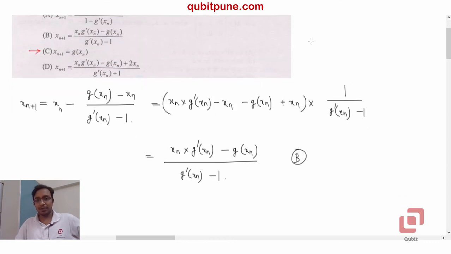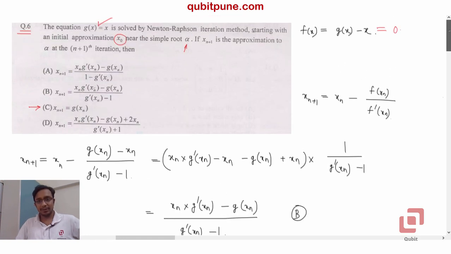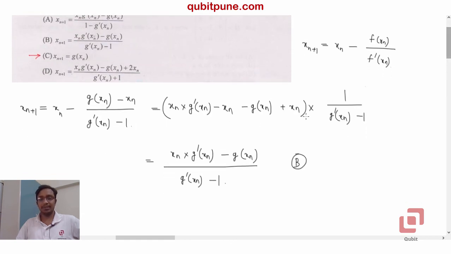What is the formula? The formula is xn plus 1 is equal to xn minus f of xn divided by f dash of xn. I hope all of you remember this formula, and this time in our case f of x is g of x minus x.